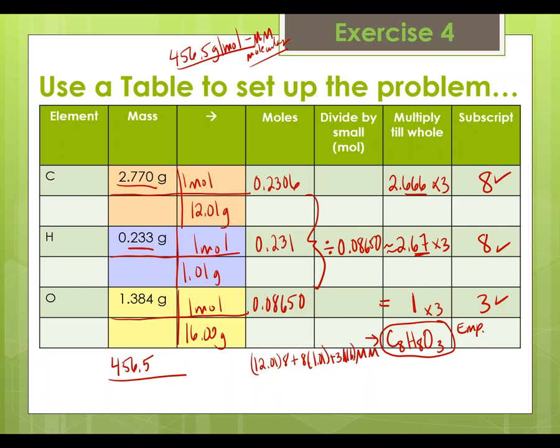Use your calculator, and we'll get our empirical formula's mass. And this happens to be 152.16. Here we're going to be able to find our n value, 456.5 divided by 152.16. Oh, and that's approximately a 3. n equals 3, right? Did I do that right?